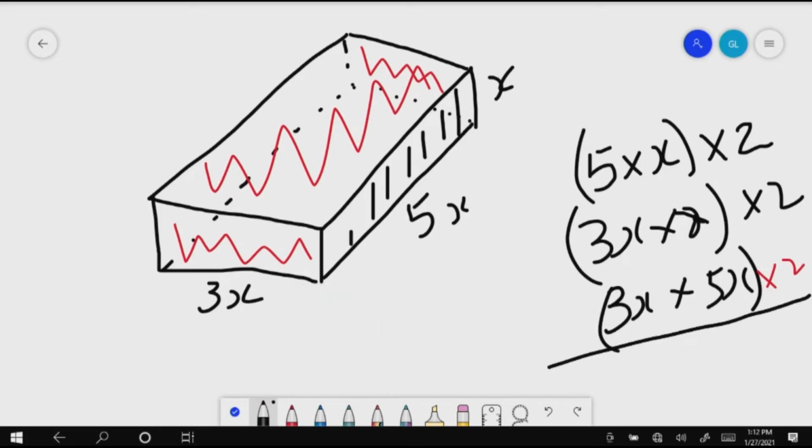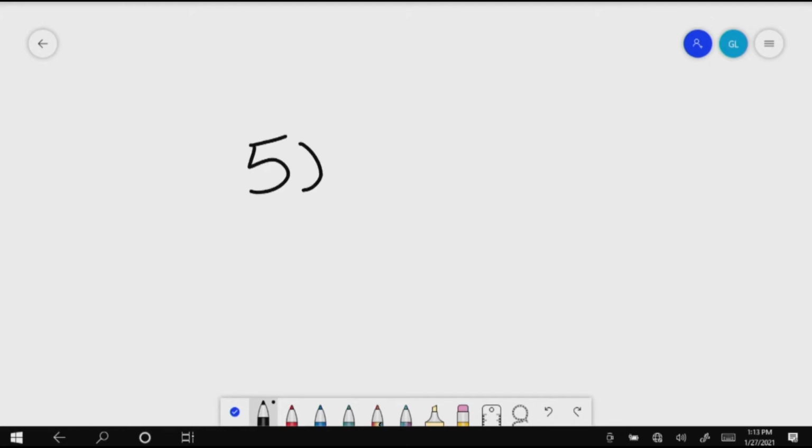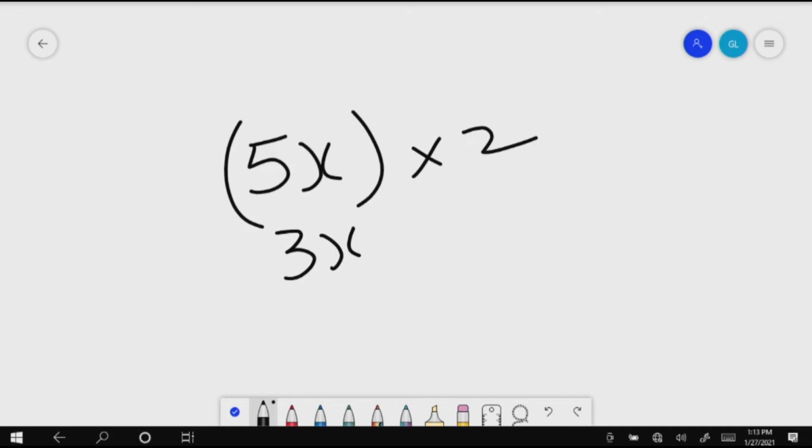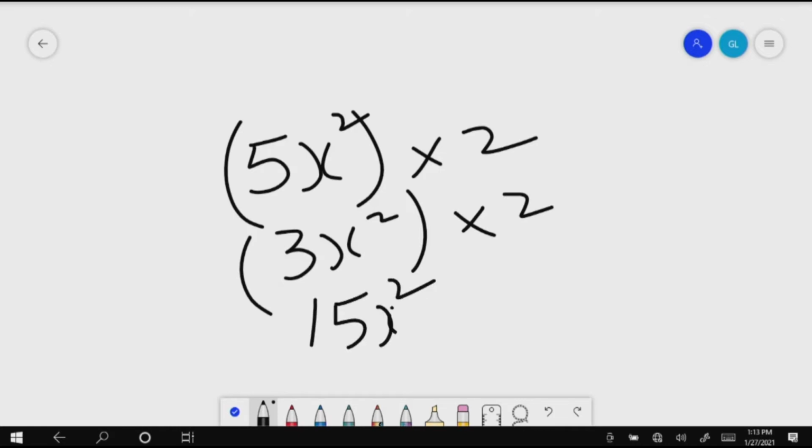So in this case here, 5x times 2. Then we have 3x times 2. Then we have 15x squared times 2.